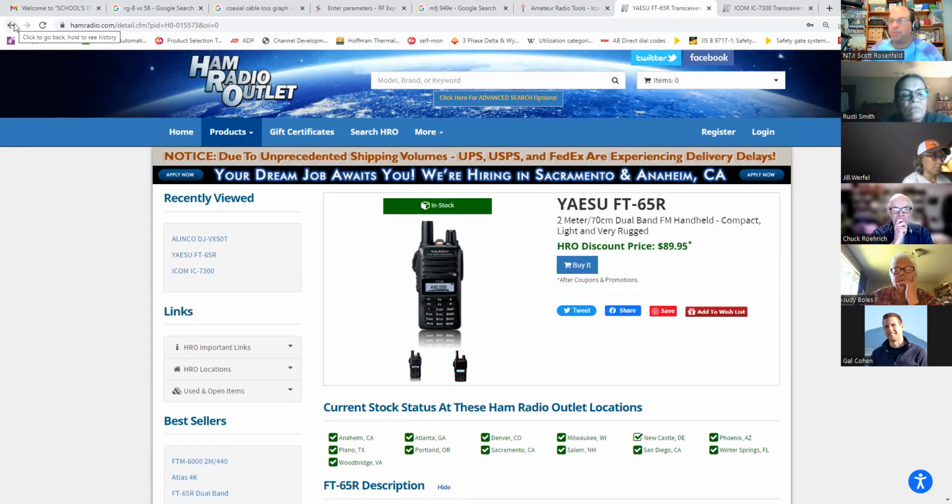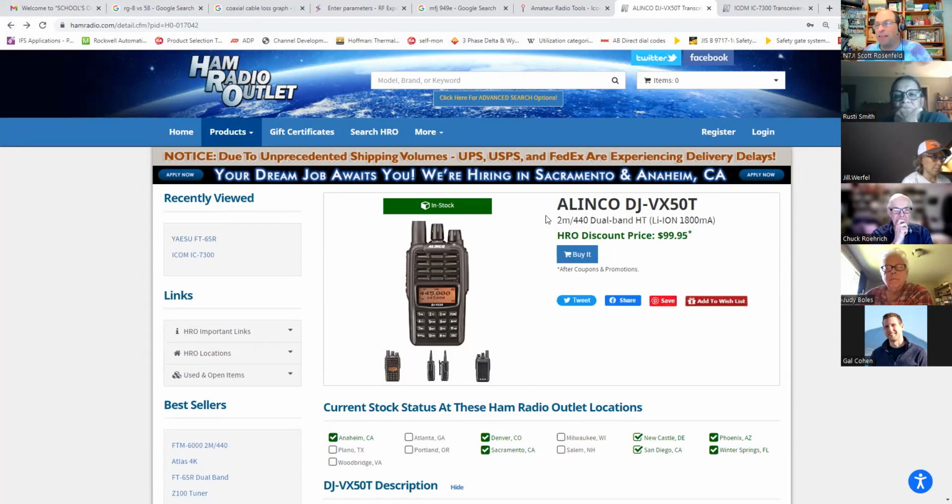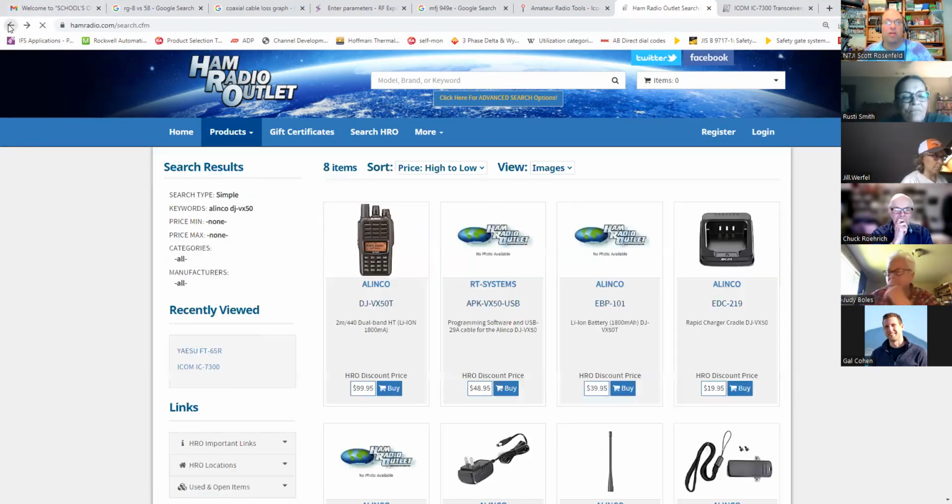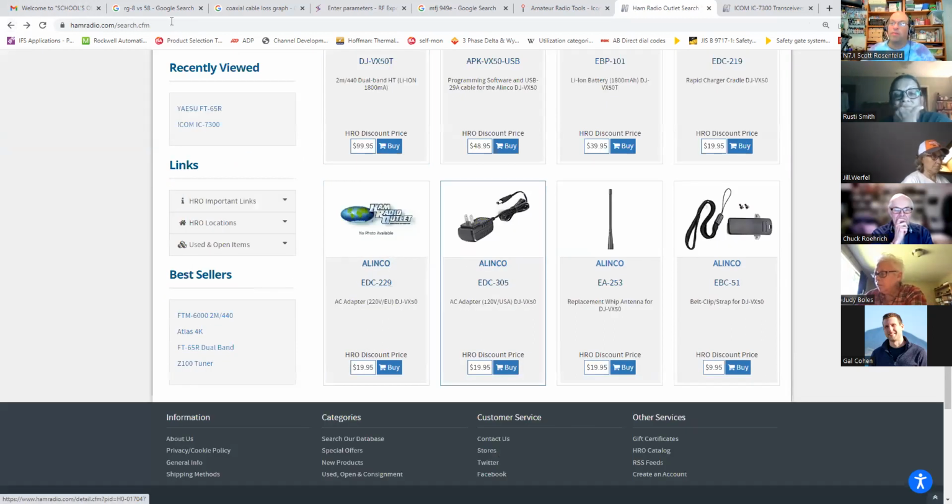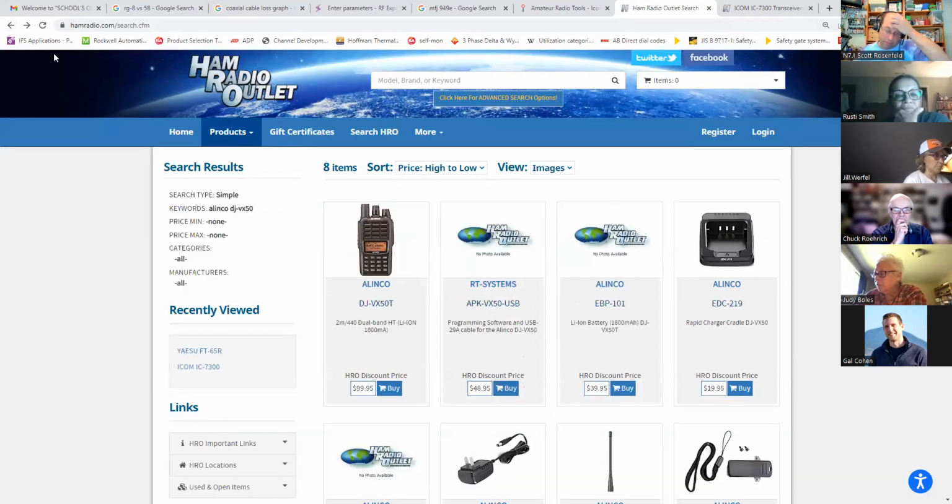Basically, there's a whole bunch of absolutely fine radios, and the reason that we picked this one is Alinco's a good brand. It's a nice radio, and this is waterproof. So you can communicate on the ham radio frequencies, but also listen to ATC and all kinds of stuff.